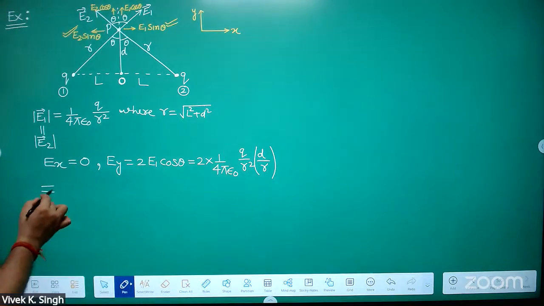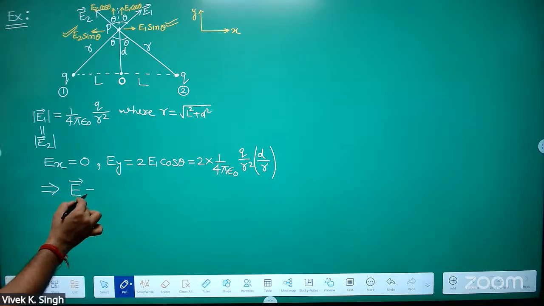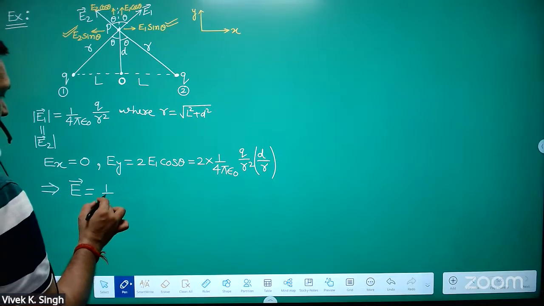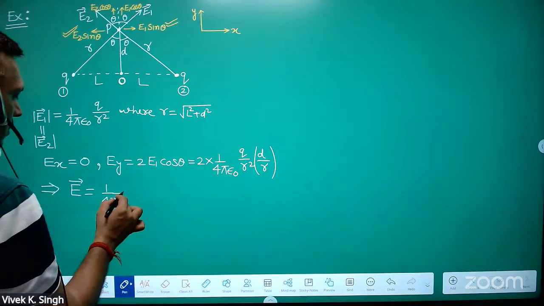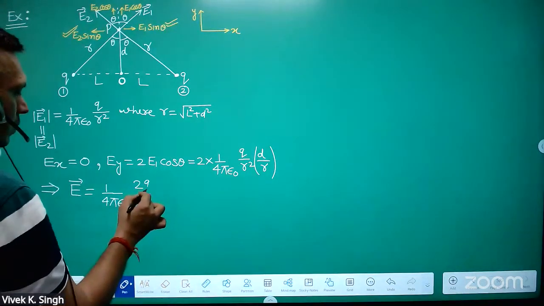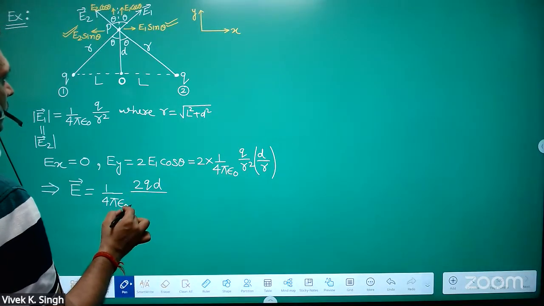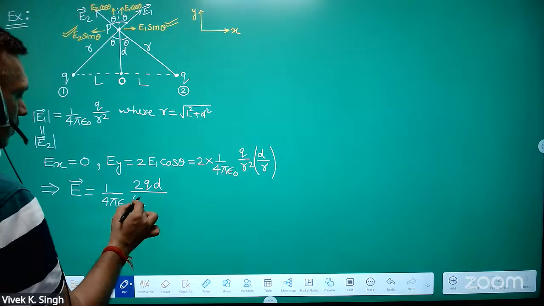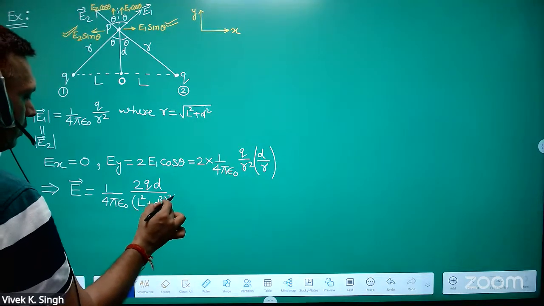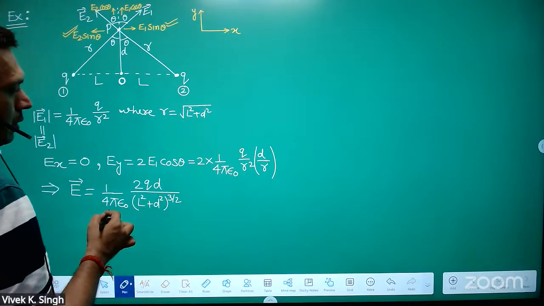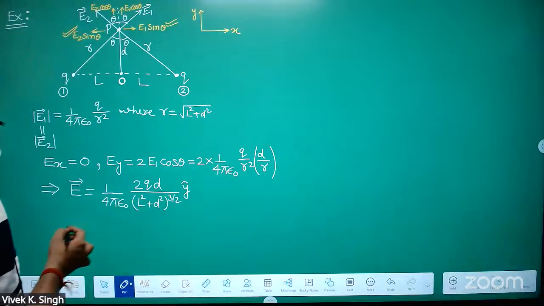So finally, if you write this electric field, it is 1 by 4 pi epsilon naught, 2qd by r cube, that is L square plus d square power 3 by 2, and the direction is y cap.